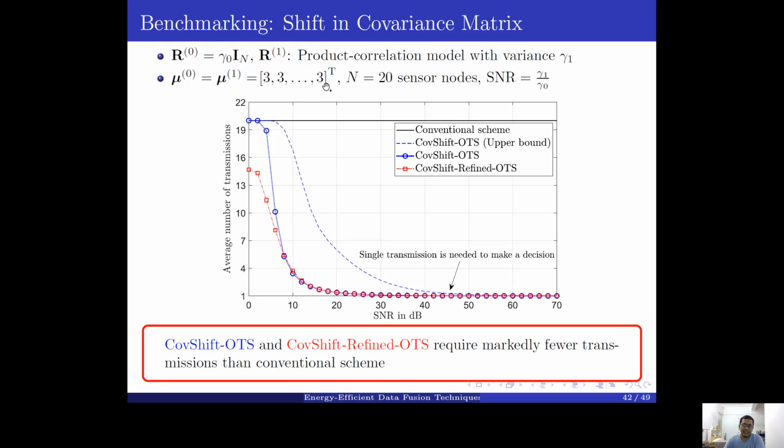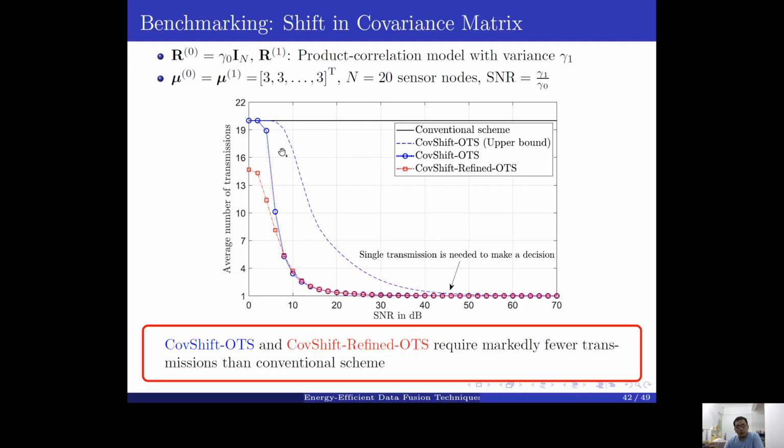The mean vectors are the same for the two hypotheses. We consider a network with 20 sensor nodes and we define SNR to be the ratio of the two variances. We plot the average number of transmissions as a function of SNR in dB, and we show results for the conventional scheme, the CovShift-OTS scheme, and the CovShift-Refined-OTS scheme.